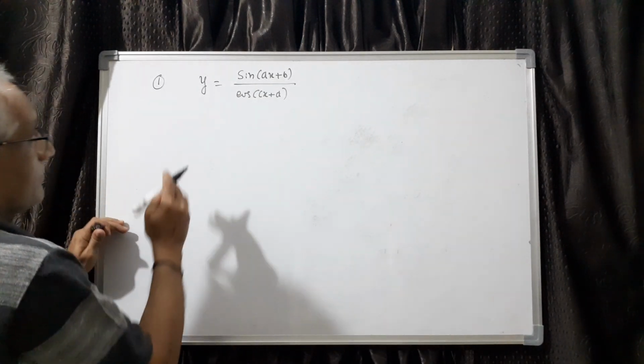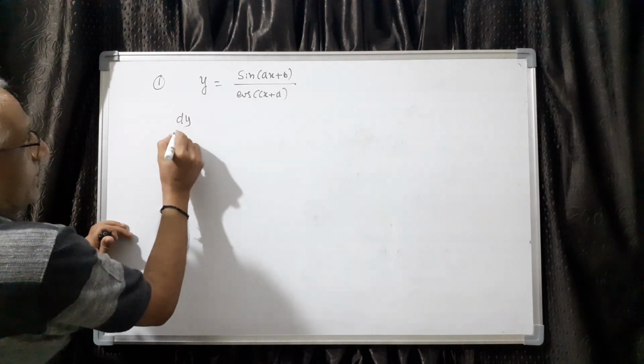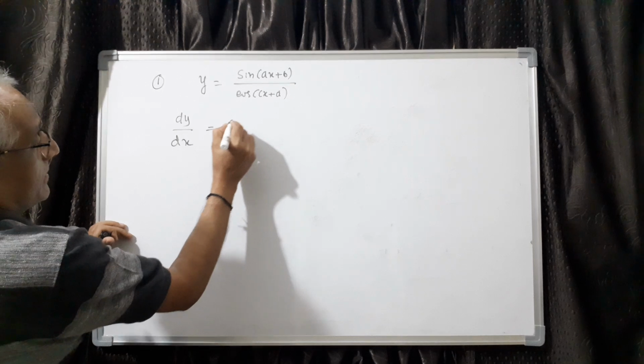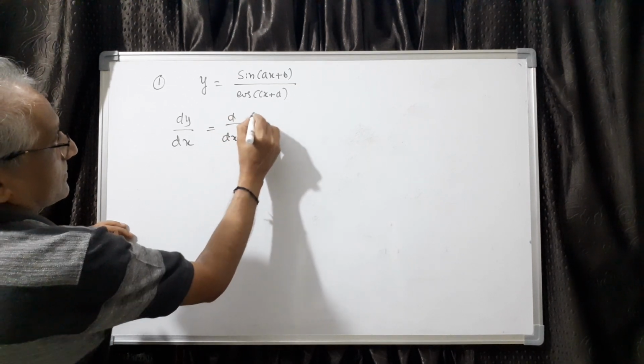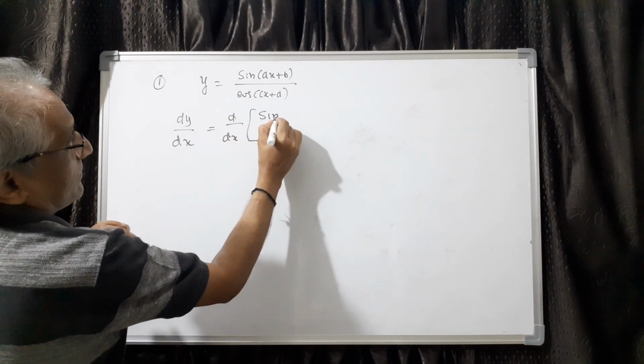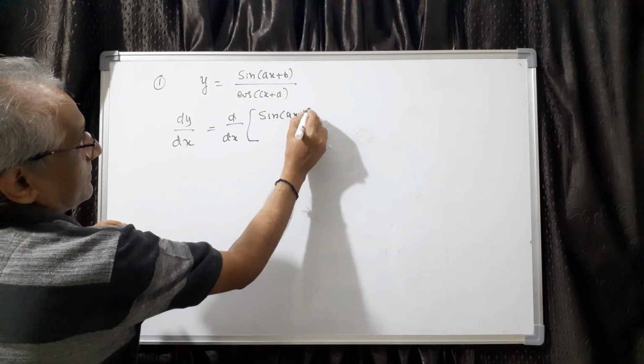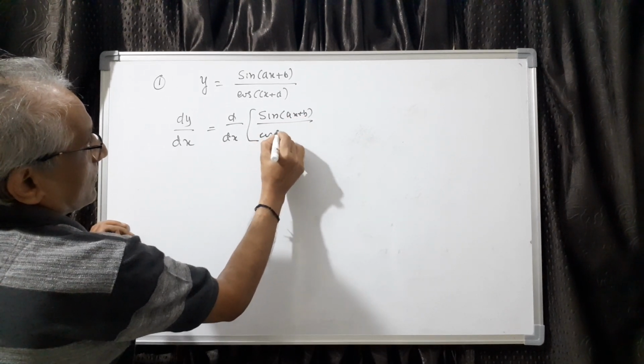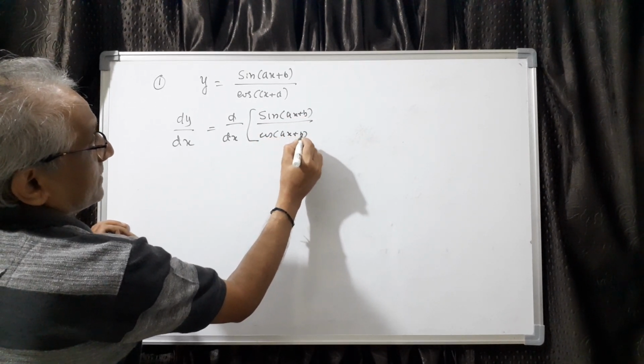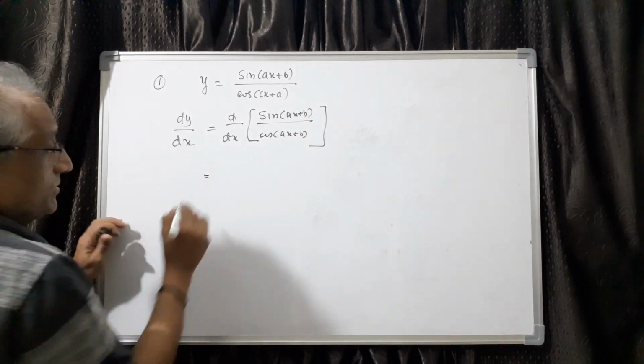So the idea is this now: dy by dx equal to d by dx of sine of ax plus b divided by cos of cx plus d. Now you have to remember the quotient rule.